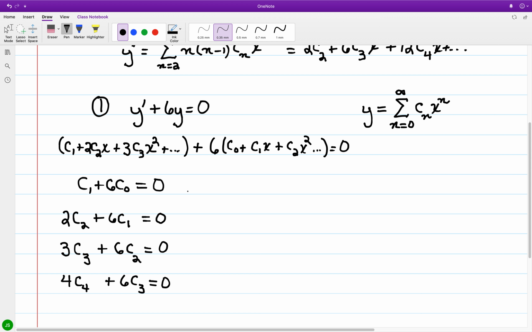What I'm going to do here is write everything in terms of c naught. We have c1 plus 6c naught is equal to 0, so c1 is equal to negative 6 c naught.